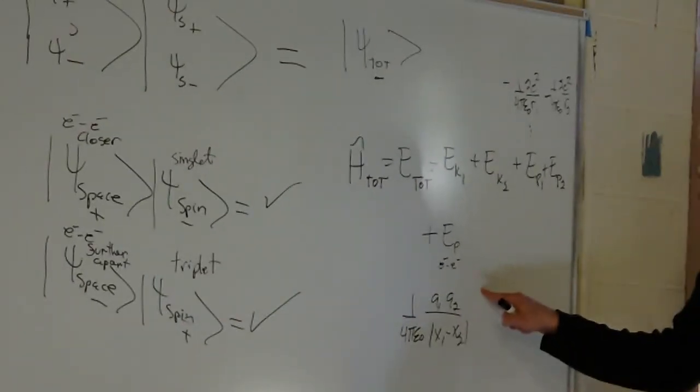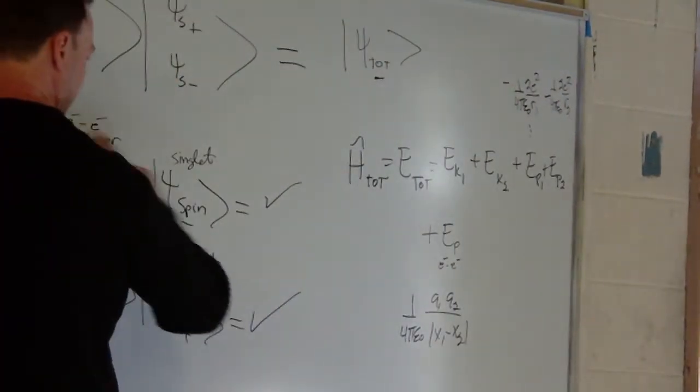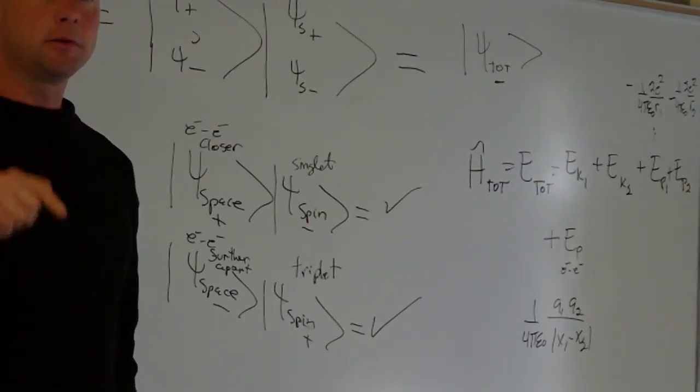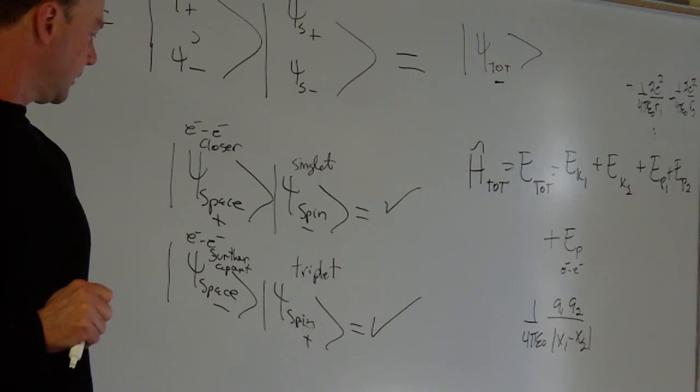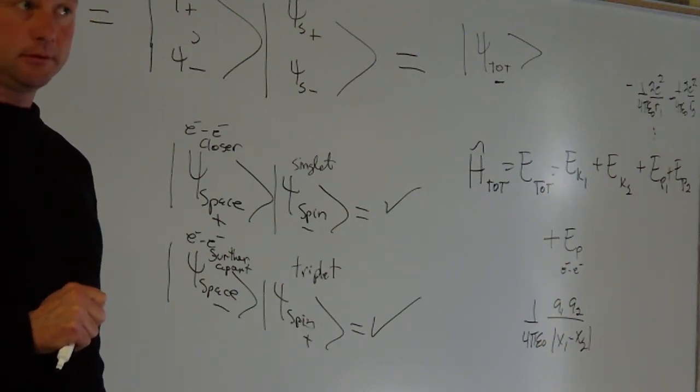All right? So which total wave function has the lowest energy? The triplet. That's right, because you have all three different ones.